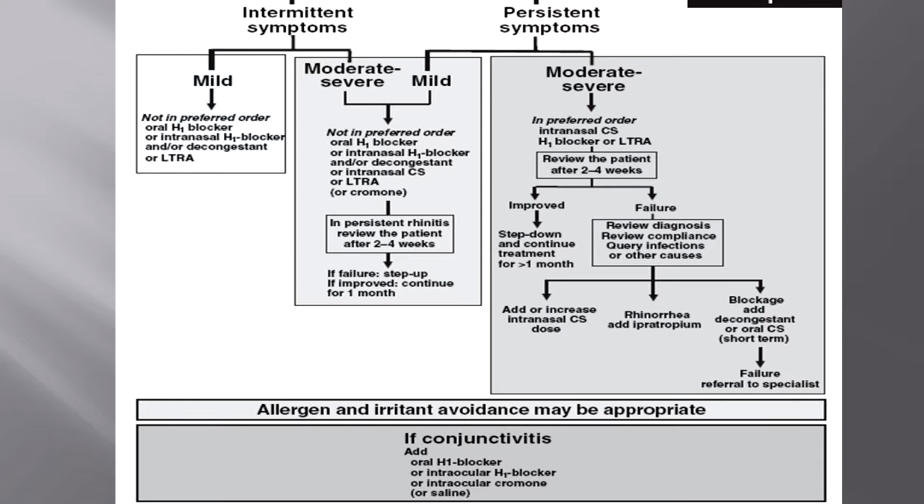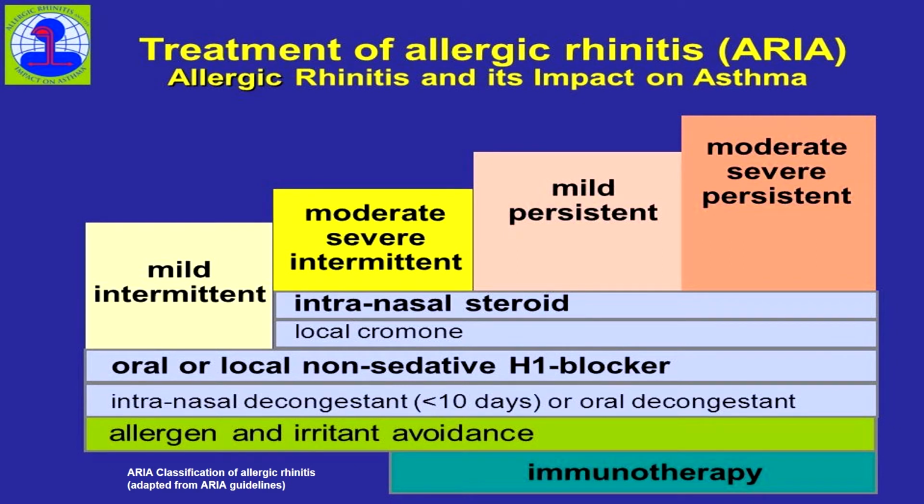So this chart is about duration. But you can see all of it is actually antihistamine. H1 blocker, the antihistamine, or intranasal H1 blocker. These are the two gold standards of treatment. This is another guideline chart.